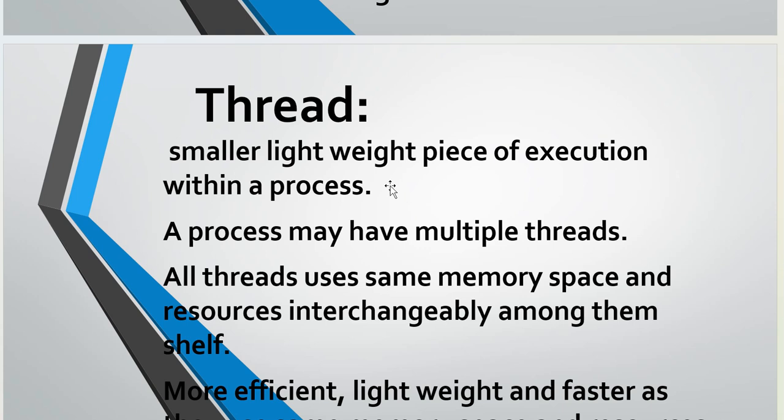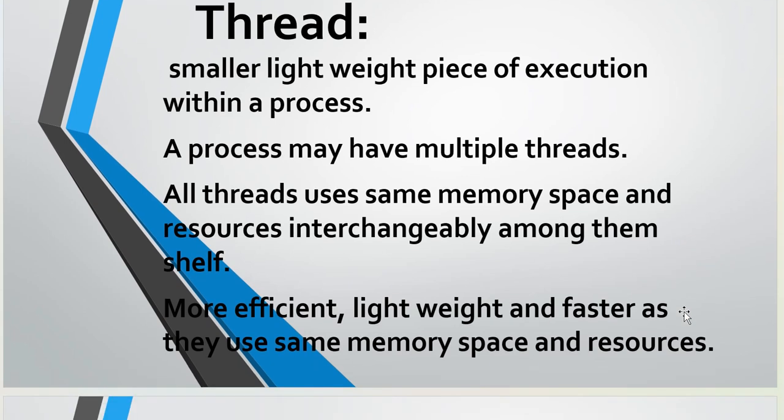Time slicing happens: one thread takes a small chunk of time, then releases it, and another thread uses it. They interchange so fast that we feel it is happening parallelly, but actually it is interchangeable. The CPU or the processor will assign the time to the various threads.